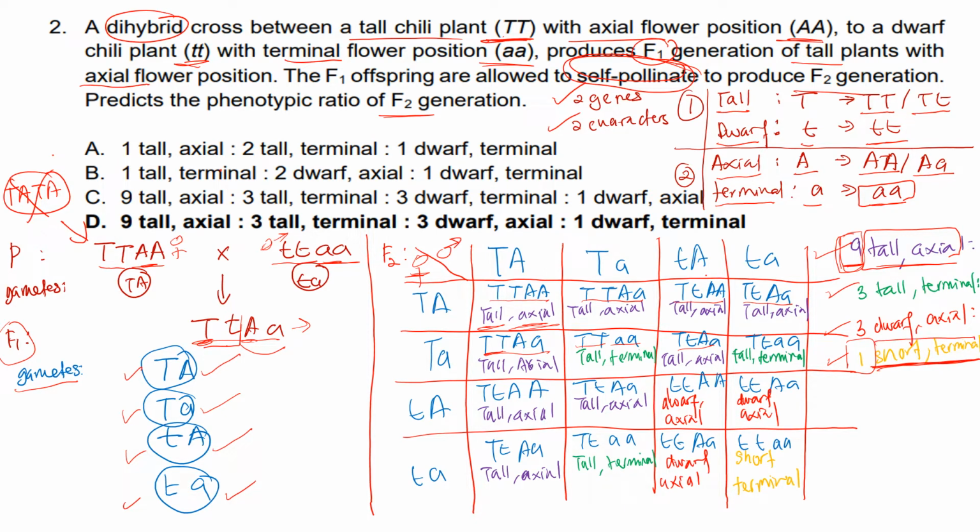The 3 tall terminal produces a totally new phenotype that is different from the parental generation and also the F1 generation. The same goes for the 3 dwarf axial here. It produces a totally new phenotype that is different from the parental generation and also the F1 generation.